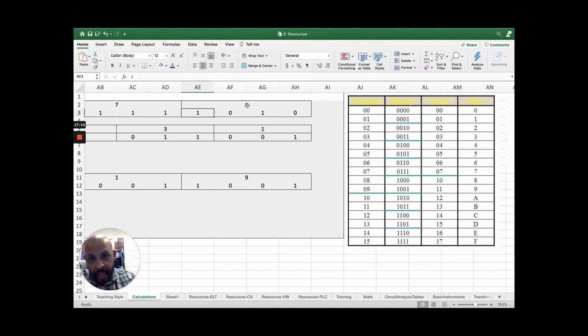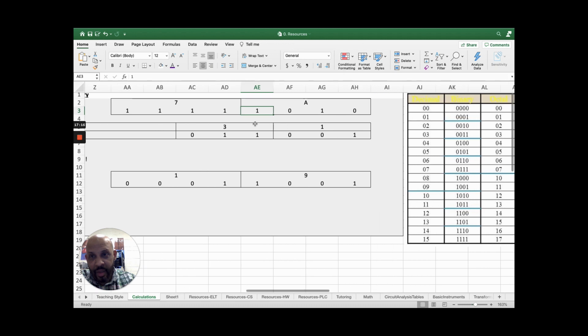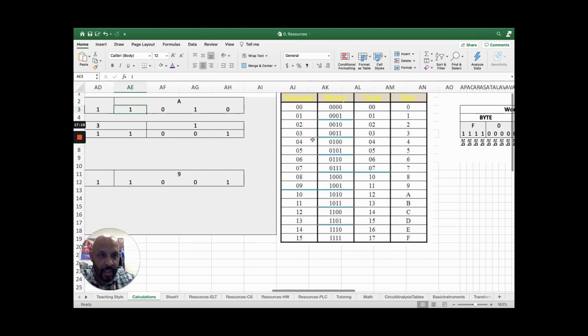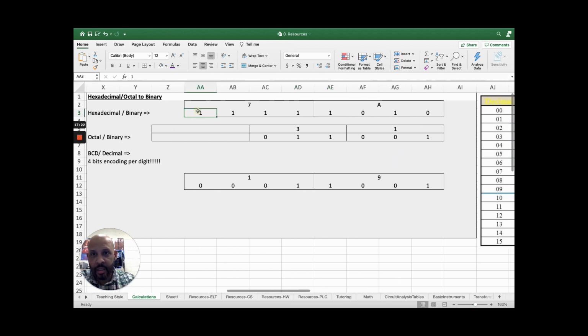That A is 1010, and then your 7 is 0111, as simple as that. So now you see these 8 bits are equivalent to 7A hexadecimal, the same as these numbers down here in binary.